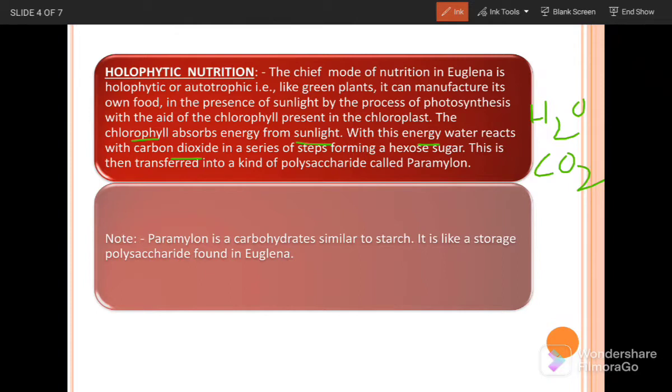When chlorophyll absorbs the sunlight, with this energy water, H2O, reacts with carbon dioxide in a series of steps, step by step, forming hexose sugar.